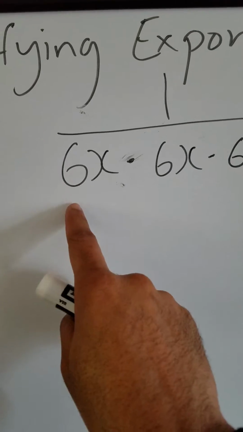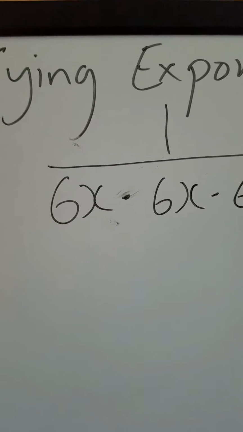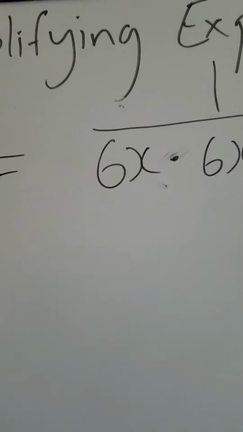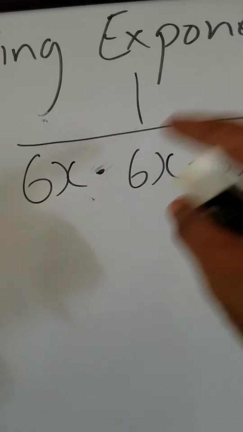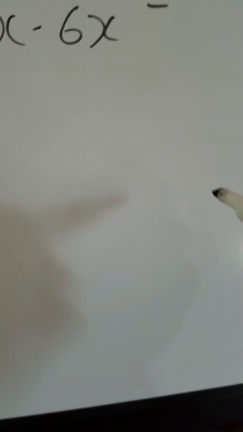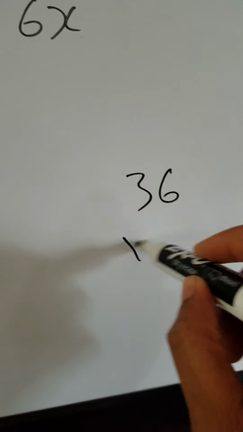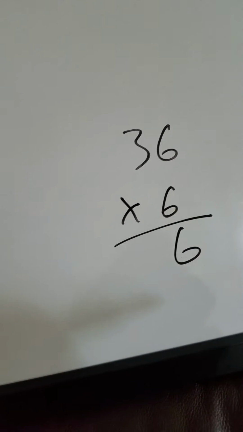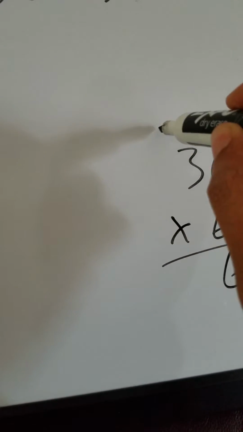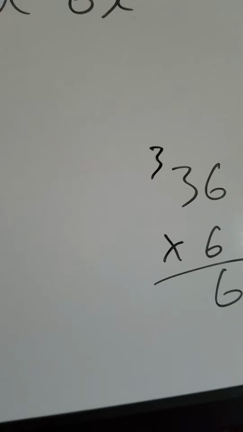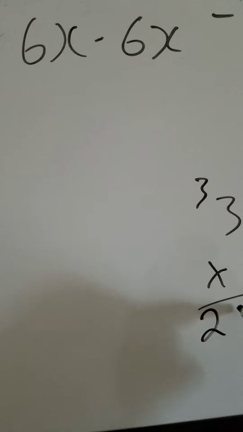From here, we simply do 6 times 6, which is 36, and then we do 6 times 36, and I think that might be 256, but just to be certain, I'm going to do it here. 6 times 6 is 36, 6 times 3 is 18, and 3 more is 21.